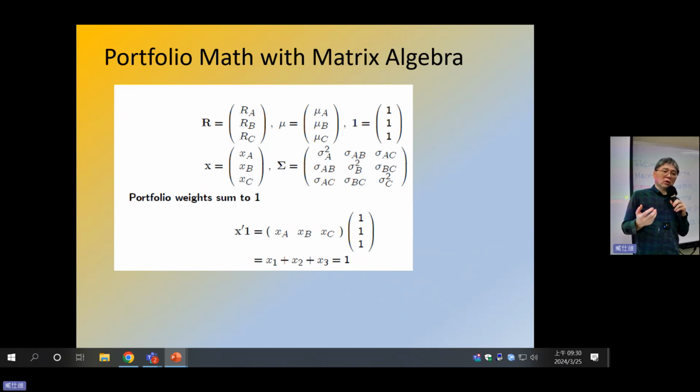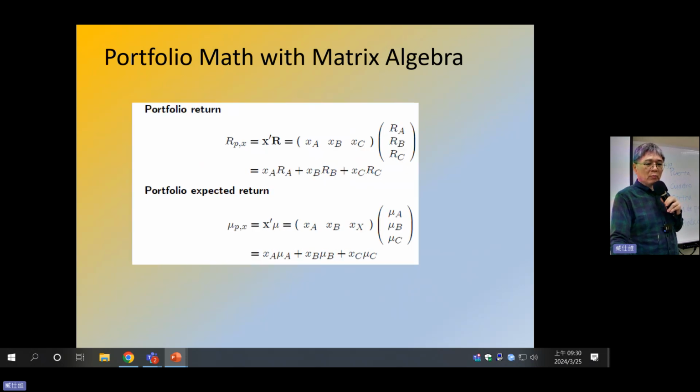So in other words, if we would like to calculate the covariance matrix, we will use the historical data. Just like what you have learned in statistics, we use historical data to calculate the covariance matrix. Okay, so this is the starting point, and then we can move on to calculate the portfolio expected return.